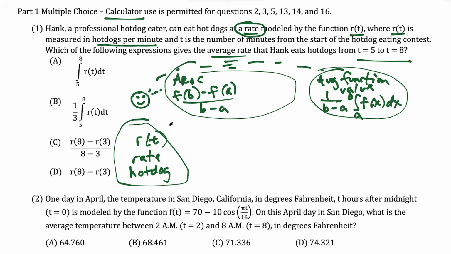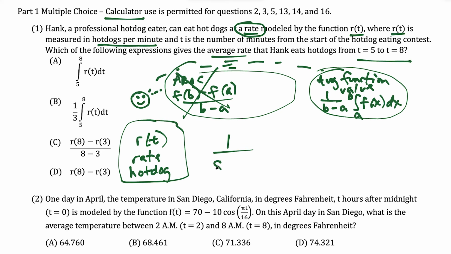So we're going to be using the formula on the right here, going from t equals 5 to t equals 8. This formula here is no good, so we're going with the average function value of R of t. The average value of R of t from t equals 5 to t equals 8 is 1 over 8 minus 5 times the integral from 5 to 8 of R of t dt.